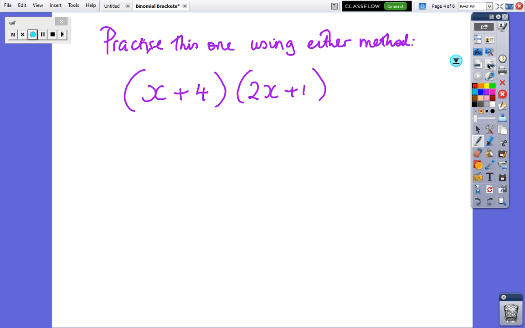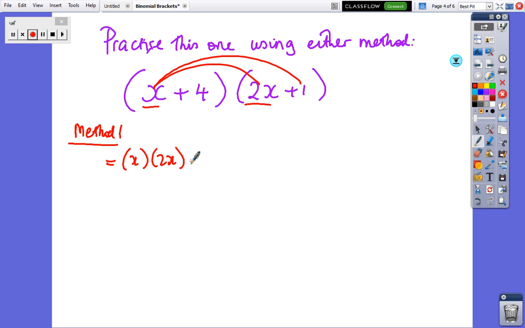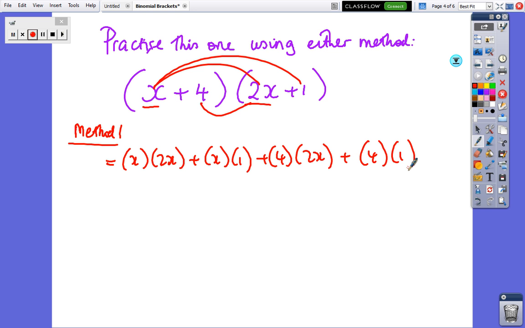Okay, so we'll use the line method first. So method 1. So x times 2x plus x times 1 plus 4 times 2x plus 4 times 1.